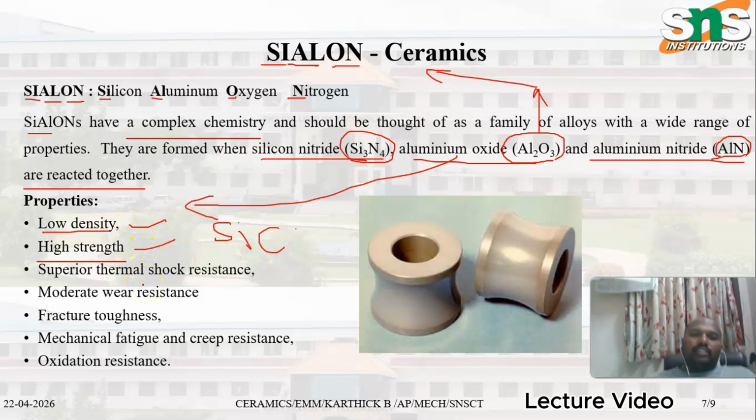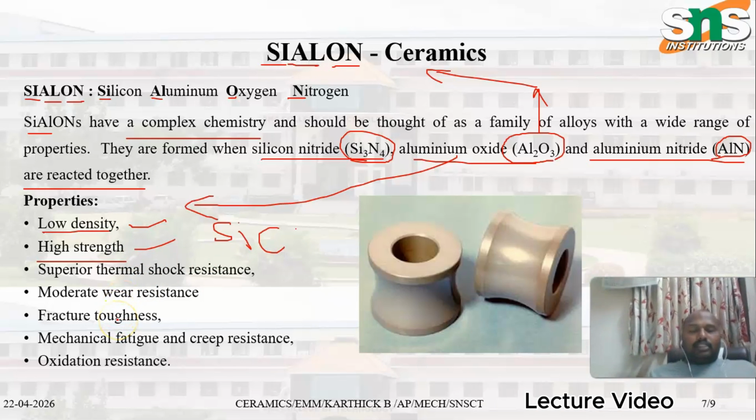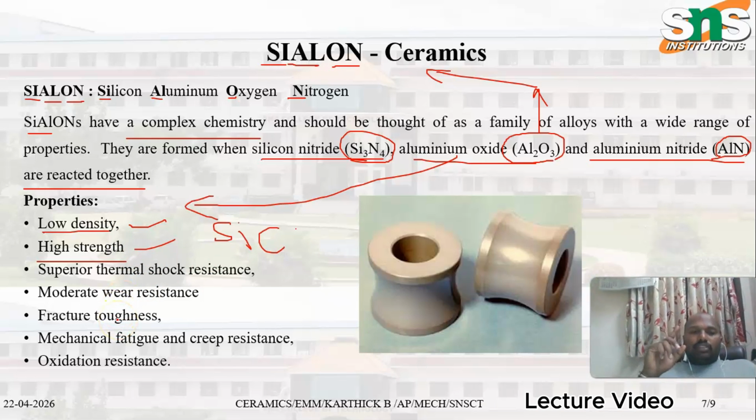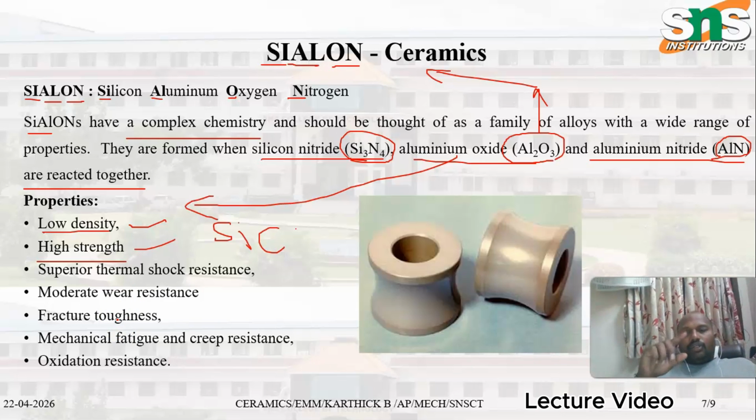So you can simply say these three ceramics are common in one thing: low density and high strength, so that these ceramics are used as replacements for metals, being at par with metals.